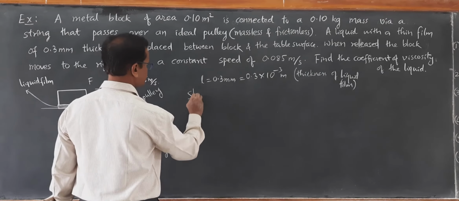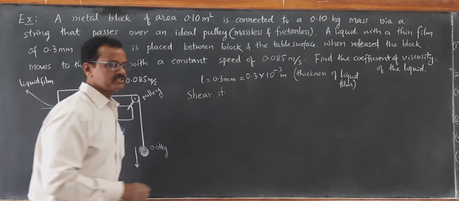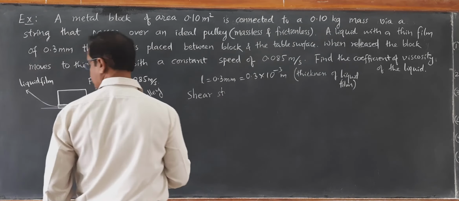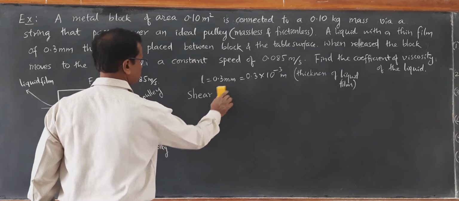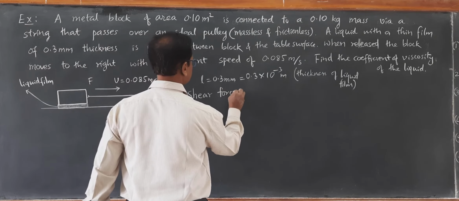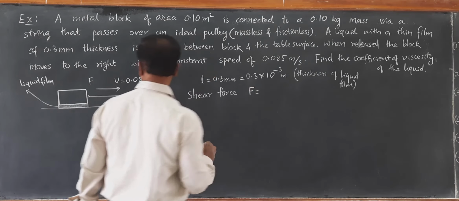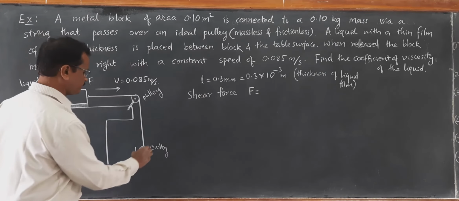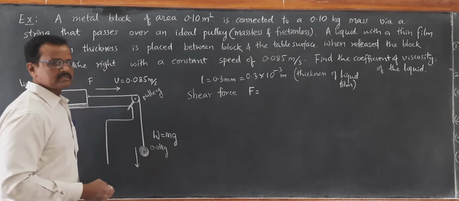First we will write the shear force, not the shear stress. Shear force, which is responsible for shear stress, F is equal to the weight of this load of mass.